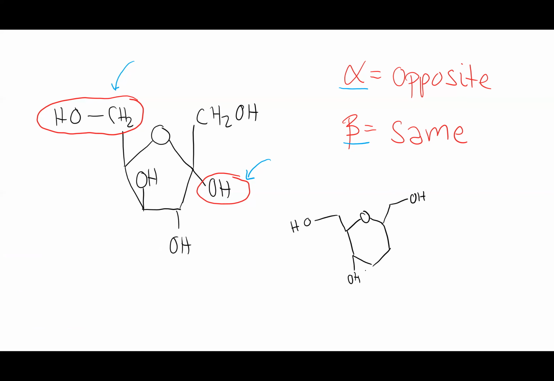Let's say it has some OH groups like this, and its final OH group is pointed in this direction, down like this. So again, I want to look at just this CH2OH group and this group. And you can see in this case, they are on the opposite side. So this would be labeled alpha.